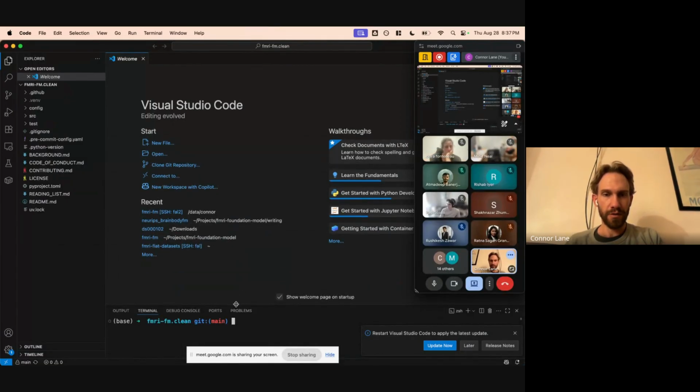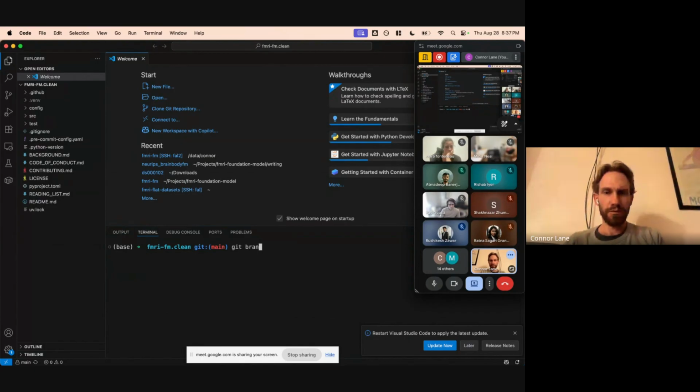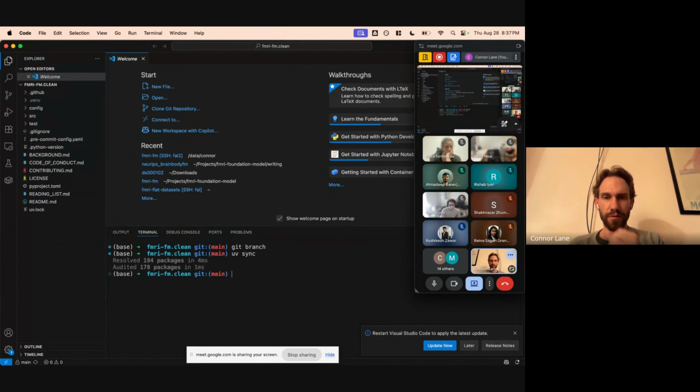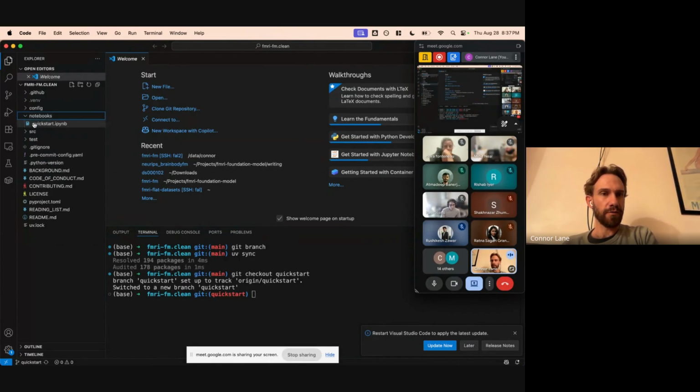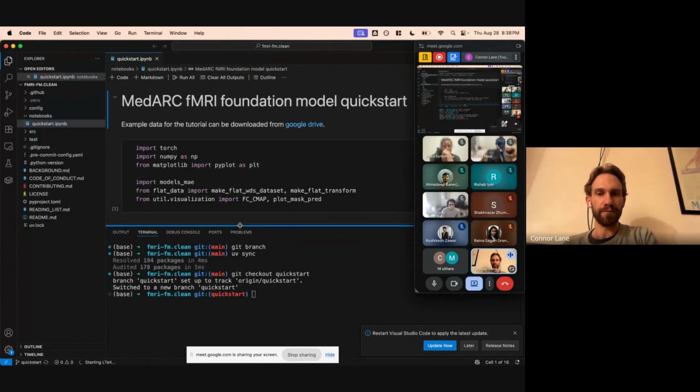I have this clean version of the code base that I just cloned, and I've got this branch that I just started, which has the quick start notebook in it. I'll merge this branch before too long. And we can just run through the notebook.